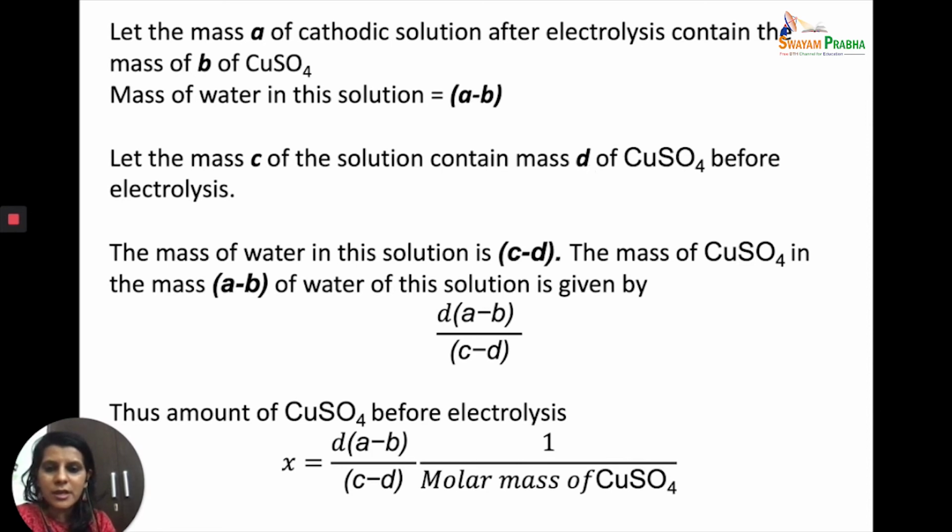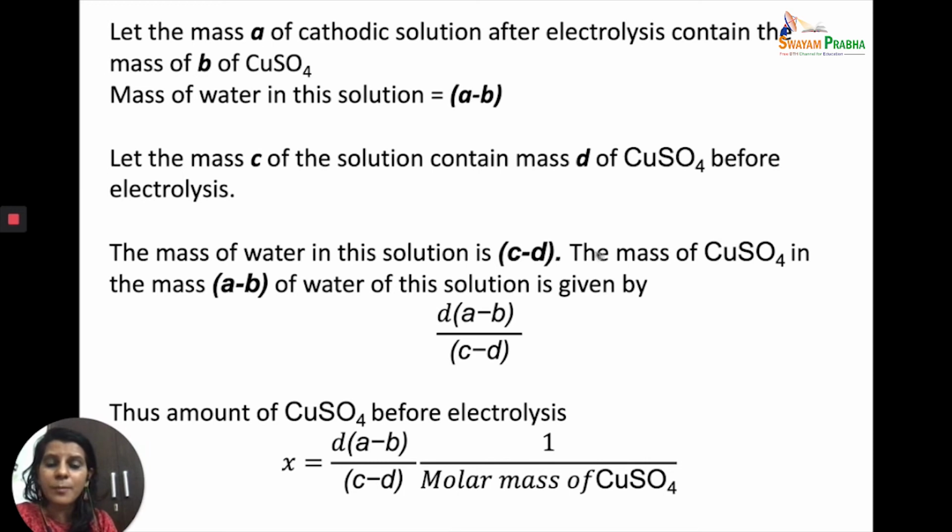Now we will determine the mass of copper sulfate in the solution with respect to A minus B of the water. The mass of water in the solution before electrolysis is C minus D, because C is the mass of the solution and D is the mass of copper sulfate.